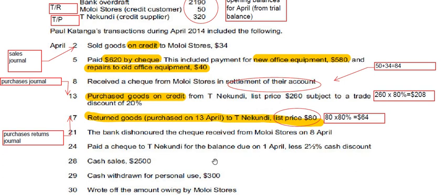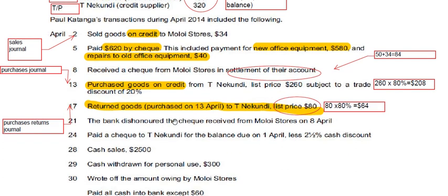The next one, 21st, the bank dishonored the check received. Now if you remember, I mentioned on April 8th that some of the checks may be dishonored, and that's what's happening here.